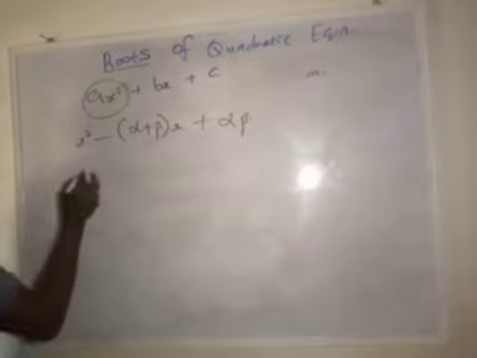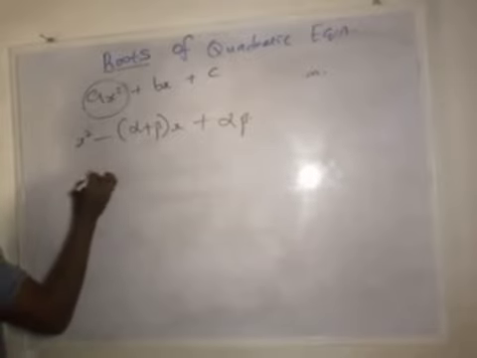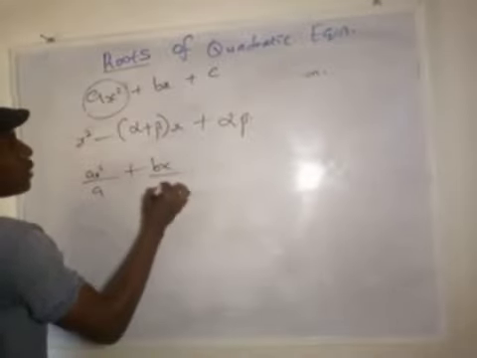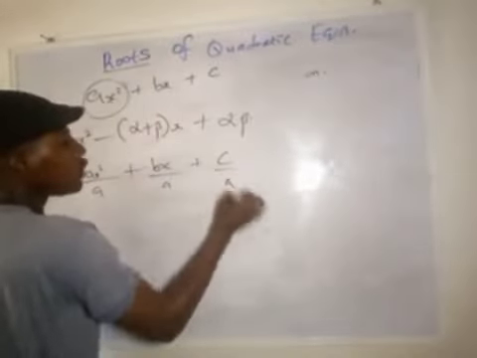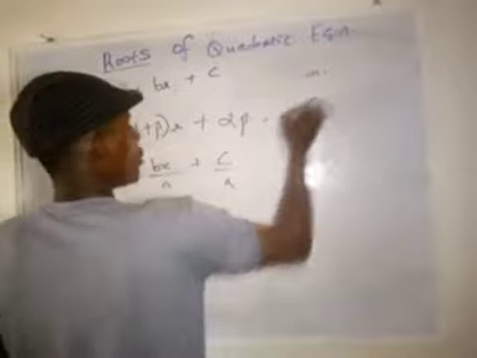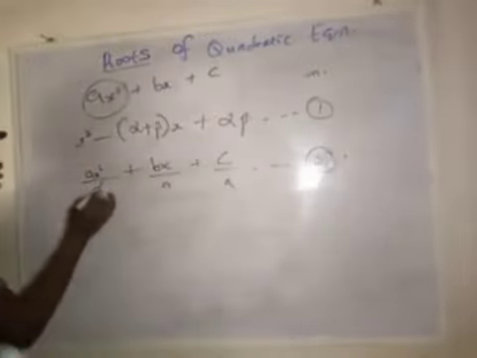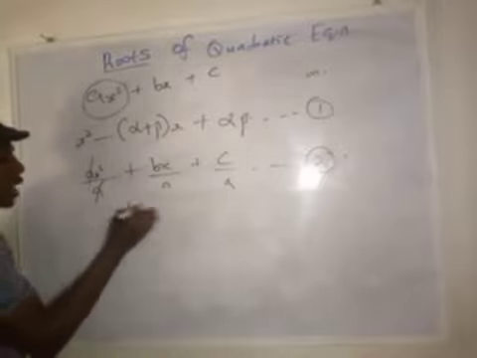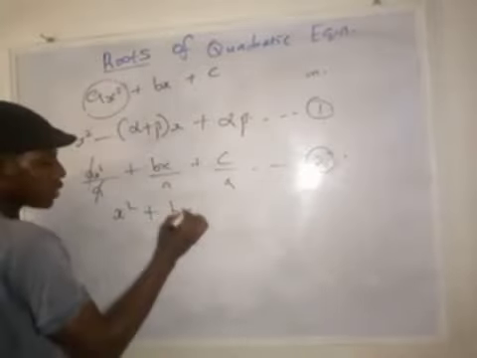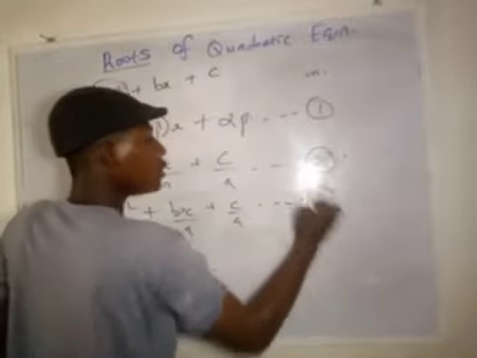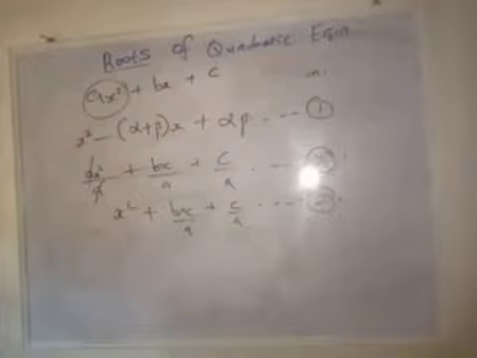So if I divide throughout by a, it's going to be in the form ax squared over a plus bx over a plus c over a. Let's say this is equation 1 and this is equation 2. Therefore, if this cancels out, this becomes x squared plus bx over a plus c over a, my equation 2. Are we getting something here?